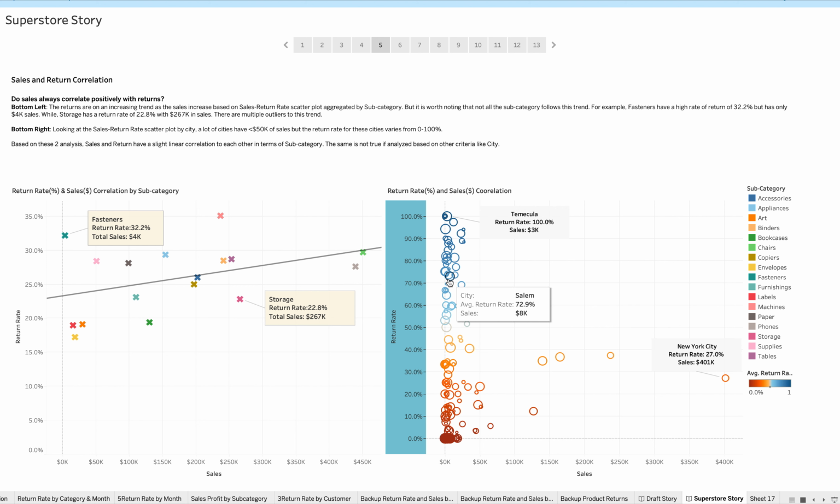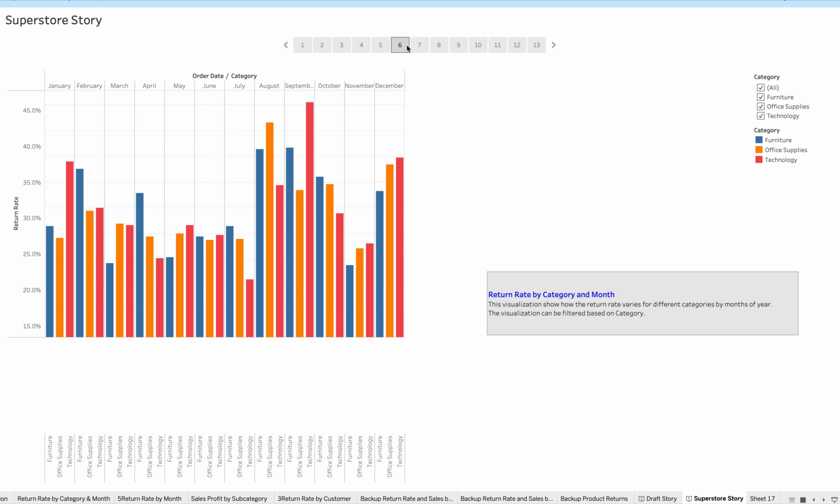Now again, trying to understand the same correlation between sales and return rate in terms of city. It looks like most of the cities have sales between 0 to 50, but their returns vary from 0 to 100%. So this chart doesn't show much of a correlation between sales and return rate. Moving on to the next slide.